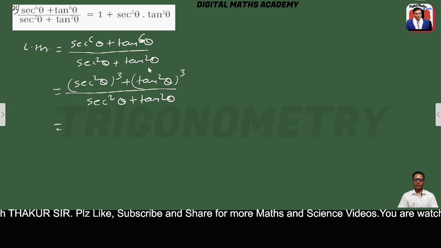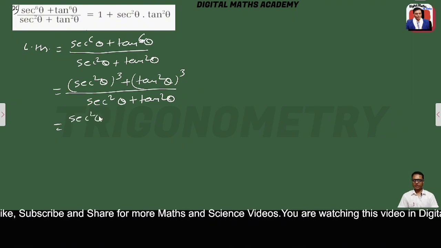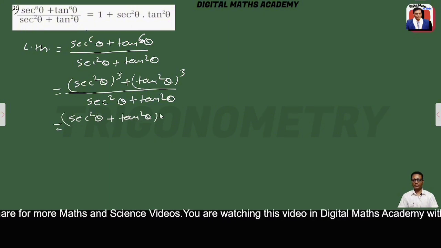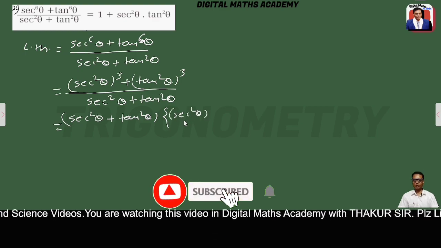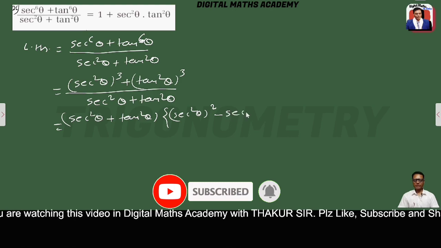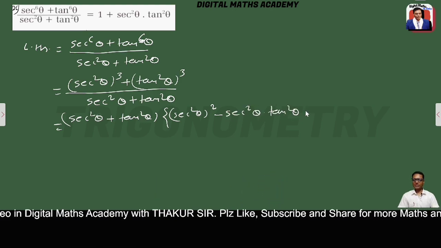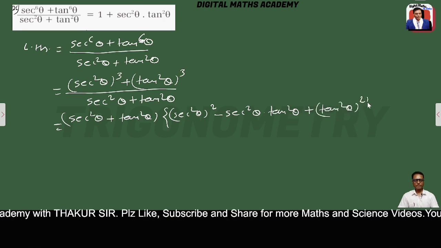So we apply the a cube plus b cube formula at the numerator. So we write a plus b, then a square means (sec square theta) whole square, minus ab, that is sec square theta dot tan square theta, plus b square, which is (tan square theta) whole square.